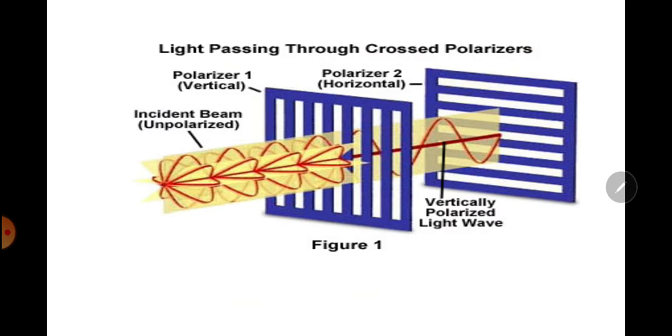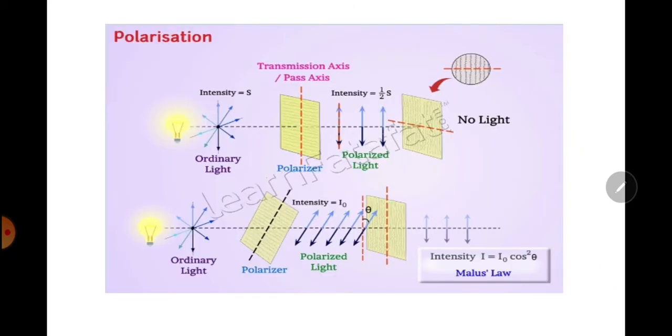Again the same diagram, in a good way. Here only vertical vibration passes, and that is also blocked. This is called the analyzer, this is called the polarizer. This is ordinary light, it contains all types of vibration, and all pass through it.